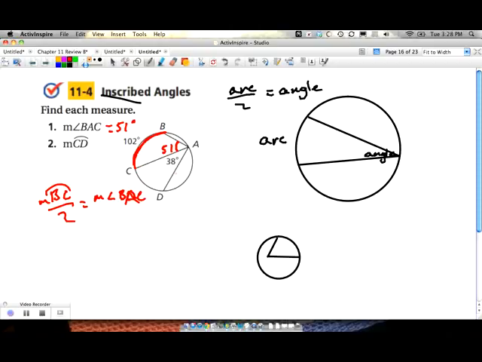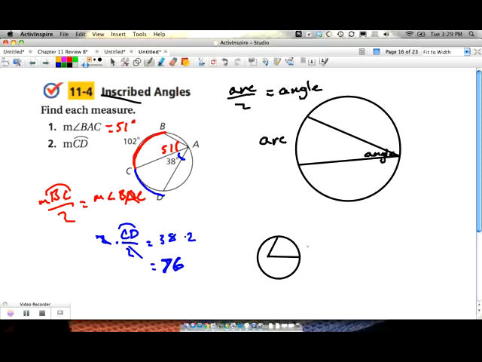FGH is looking for this arc. The angle at F corresponds to this arc. If we look at those two pieces, the arc is actually half the circle, because FH is a diameter that goes through the center of the circle. So that means this arc is 180, and that means this angle is 90.